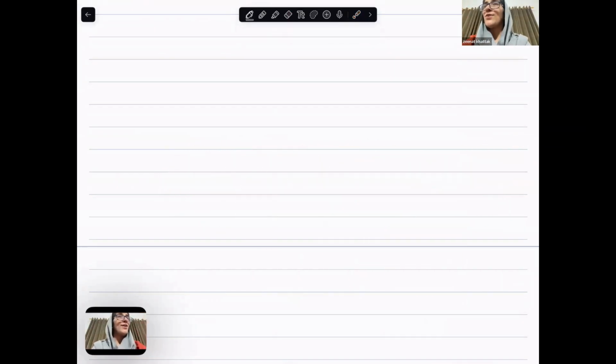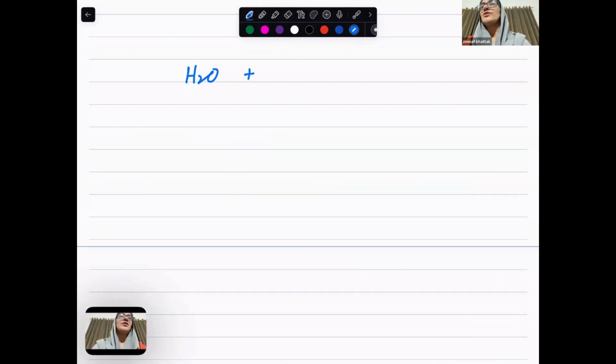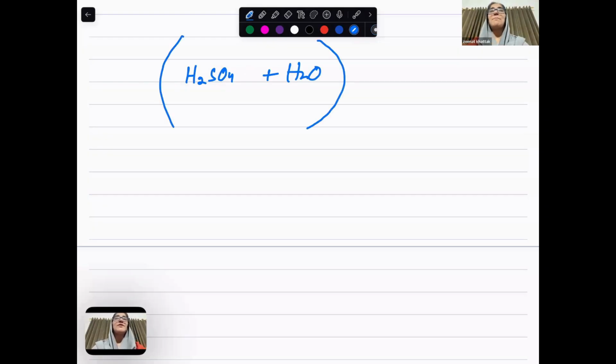And now coming to Lowry-Bronsted acids and bases. This is H2SO4. If you put H2SO4 in water, how many conjugate acid-base pairs are formed? You know how many? 3. How? Look.